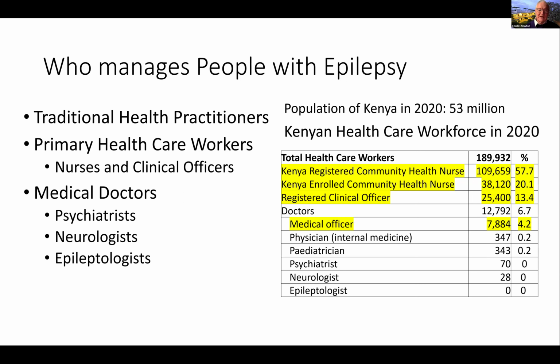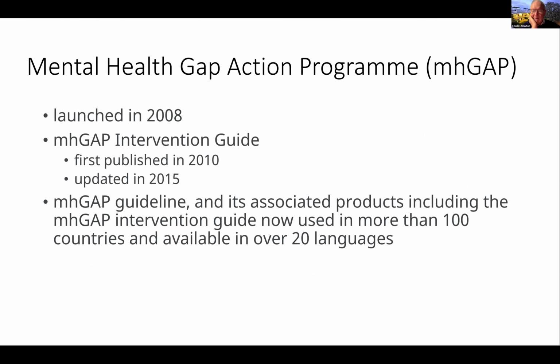So this is what the mhGAP, which is the Mental Health Gap Action Program, was really targeted at. It targets these primary healthcare workers in order to try and improve the diagnosis of epilepsy and also improve the management of it. As Naja mentioned, it was launched in 2008.